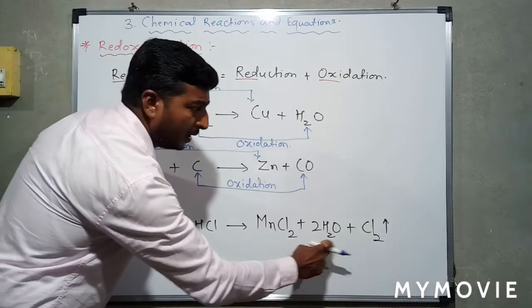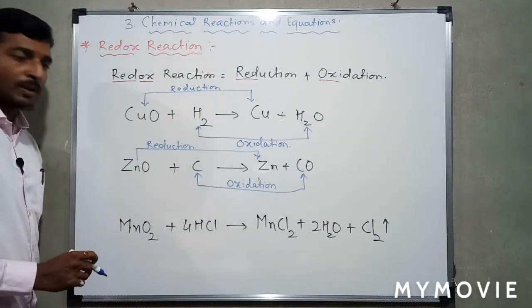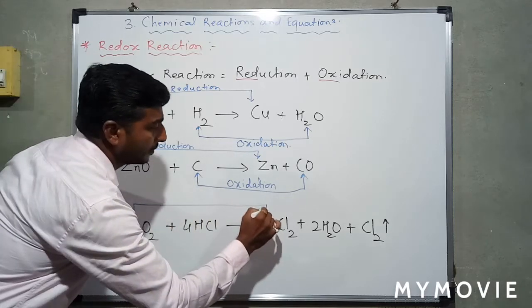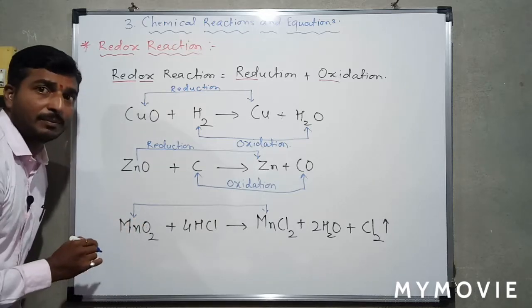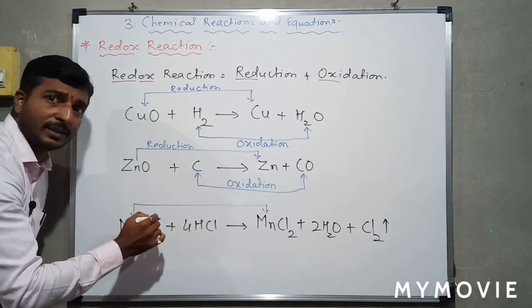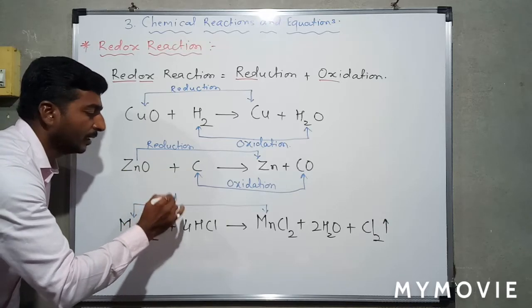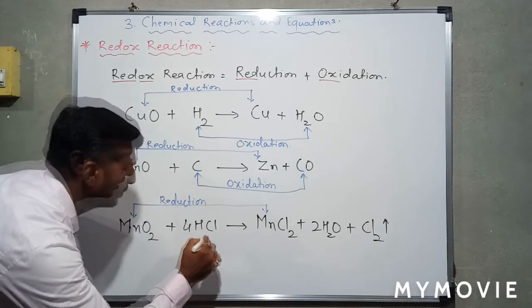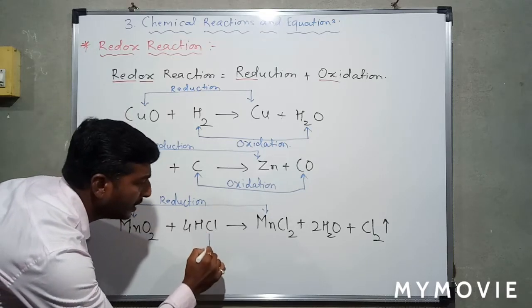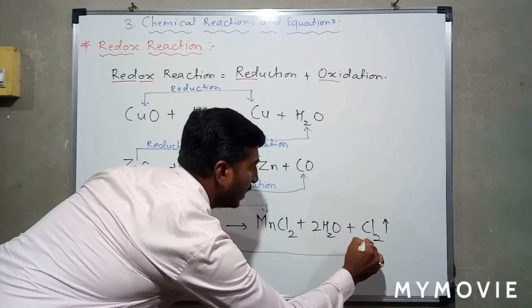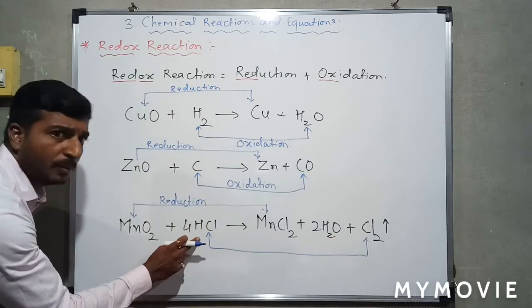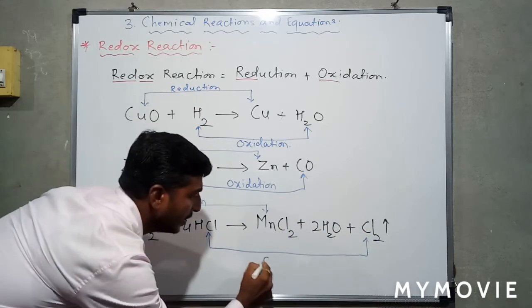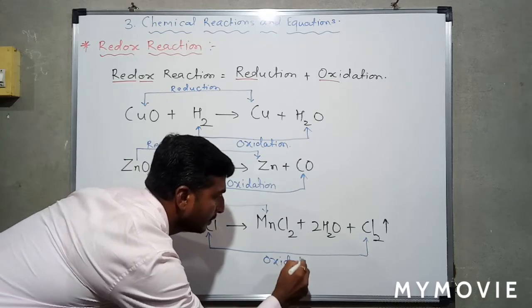Another example: manganese oxide reacts with hydrochloric acid, and we get manganese chloride, water and chlorine gas. You can see manganese oxide loses oxygen. Loses oxygen means removal of oxygen, so what is the reaction? Yes, it is a reduction. And in the hydrochloric acid, hydrogen is removed to form chlorine gas, so it is an oxidation.